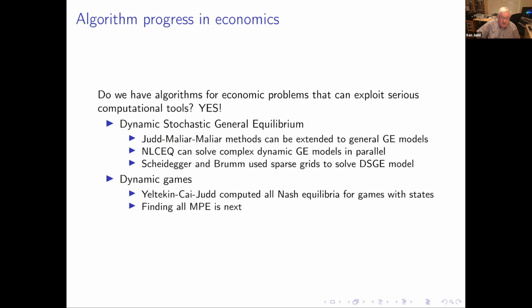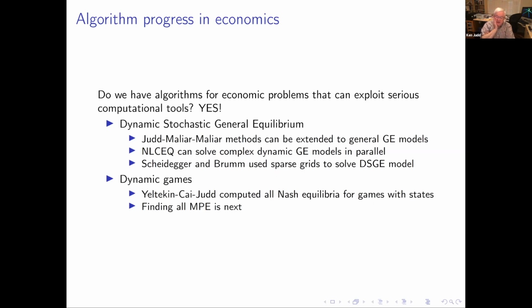Now, more recently, Simon Scheidegger and Johannes Brumm had a paper in Econometrica where they showed how you could use sparse grids to solve DSGE models of, I forget what dimensionality they had, it was like 100 or 200 dimensions. And that was using sparse grids. Now, by the way, for specificity's sake, this is sparse grids, but not the Smolyak stuff.